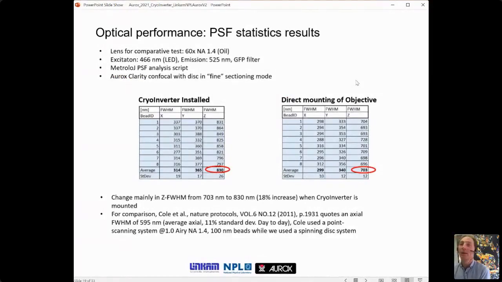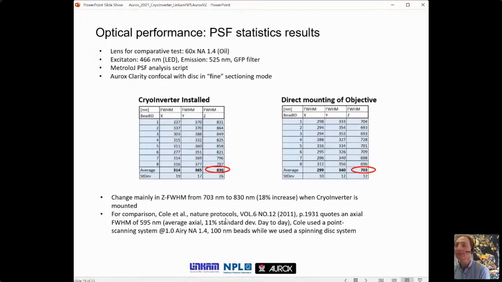So it had a slight effect on the PSF in Z, the Z extent, about 18%. We can probably still improve on that, but in general, for the PSF in Z in confocal and structured illumination systems, a paper which analyzed these conditions and how stable they are, the Cole paper in Nature Protocols, found a variance of 11% day to day.